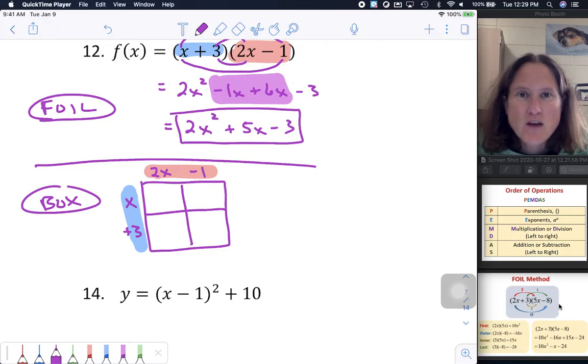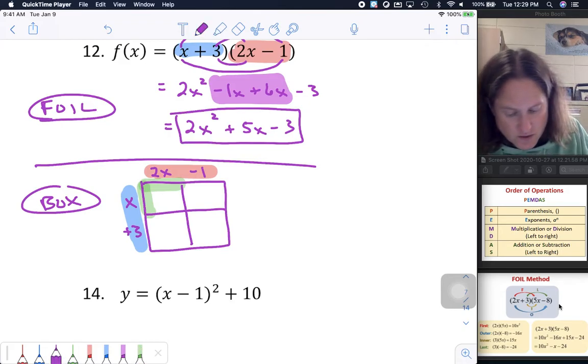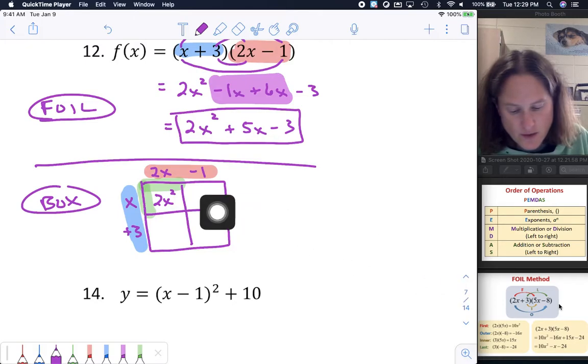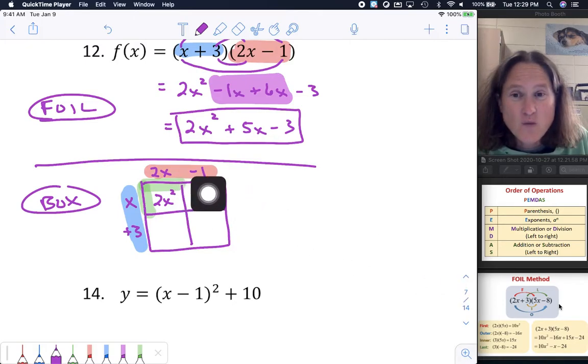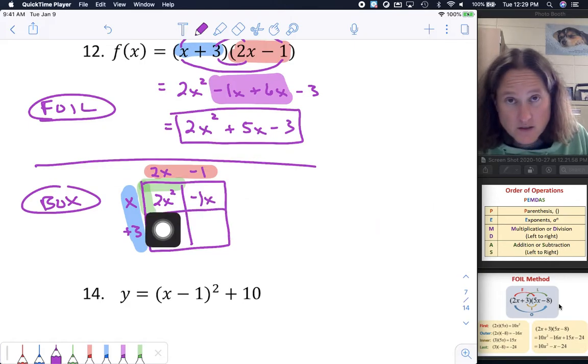Now you're just going to do every combination. Remember, to find the area of a square, you have to take length times width. So for this first upper left-hand box, it's 2x times x, so 2x times x turns out to be 2x squared. If I move to the box on the right over here, this is negative 1 times x. So negative 1 times x would be negative 1x. Box in the lower left here, it's 3 by 2x.